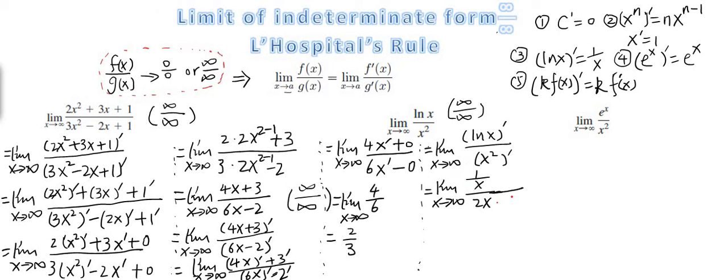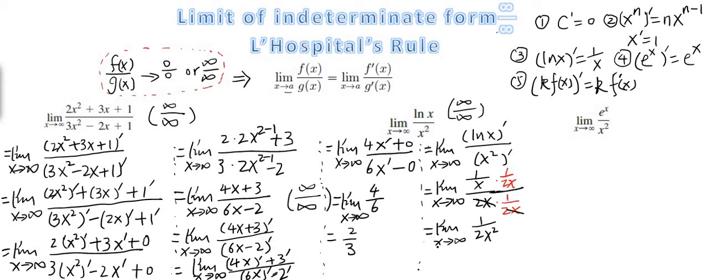So we'll let the denominator divided by 2x and the numerator divided by 2x, right? 1 over 2x, 1 over 2x, and now we can simplify it. We cancel out this denominator, and we're gonna get, x approaches infinity, 1 over 2x squared.